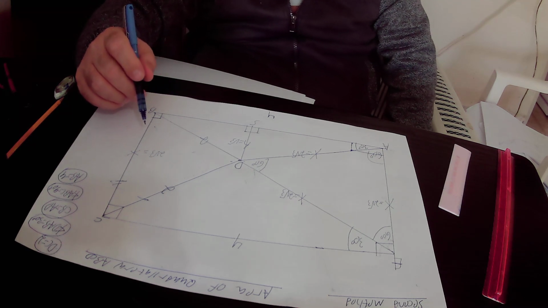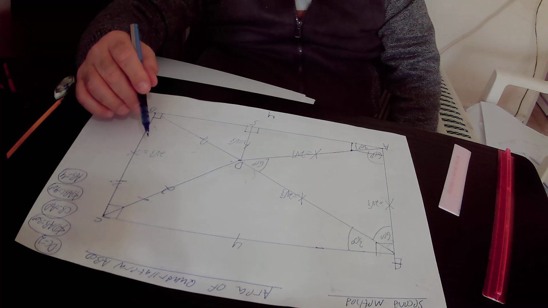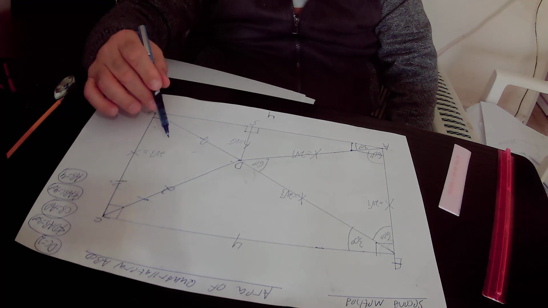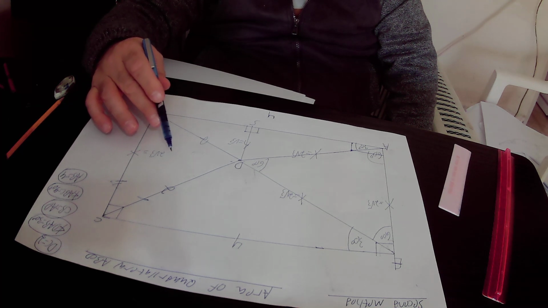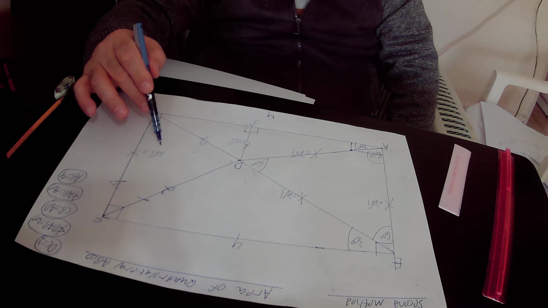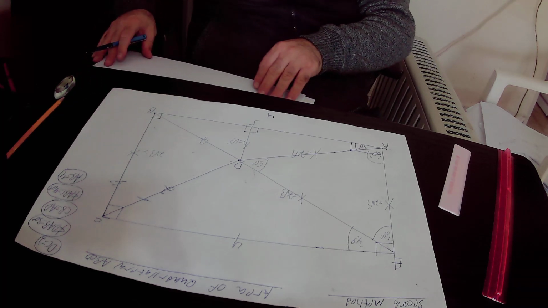The semi-perimeter of any triangle equals the perimeter over 2. The perimeter of this triangle, triangle DCB, equals 2 plus 2 plus 2 times square root of 3 units. So I'll write it down.